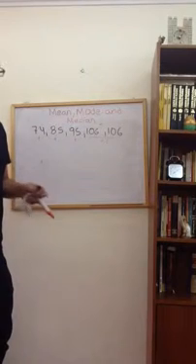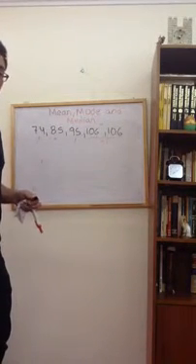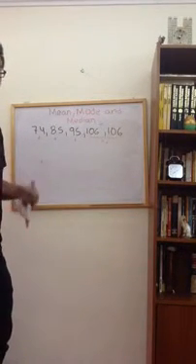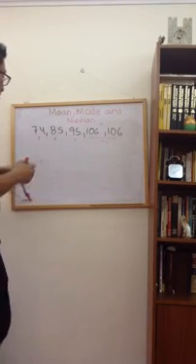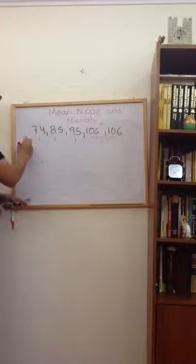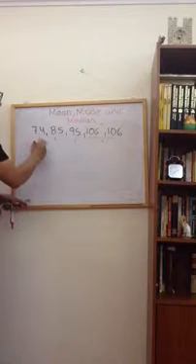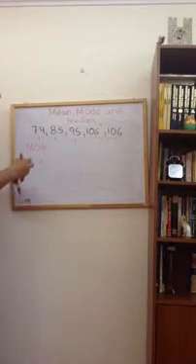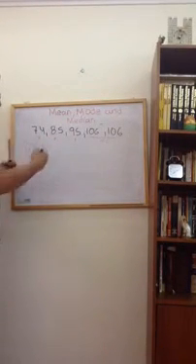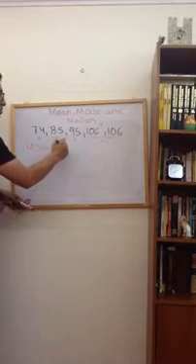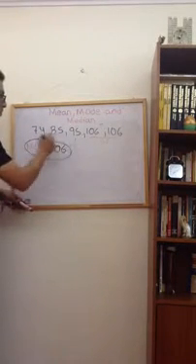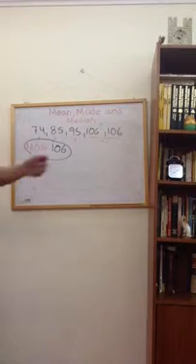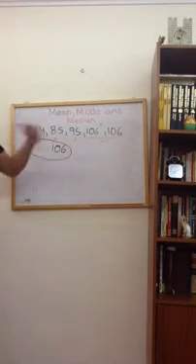So, according to the definition, in which I say that the mode is the number that repeats more often, the mode is equal to 106. Because it's the number that repeats more often.